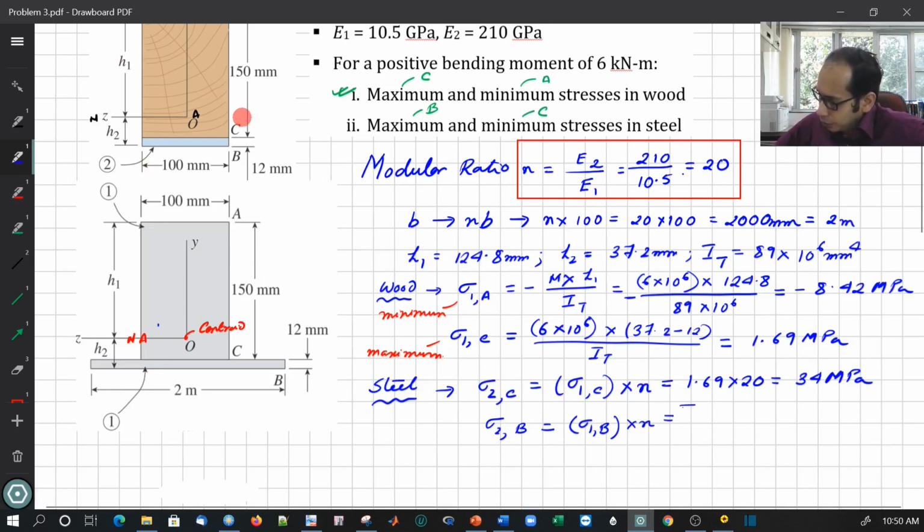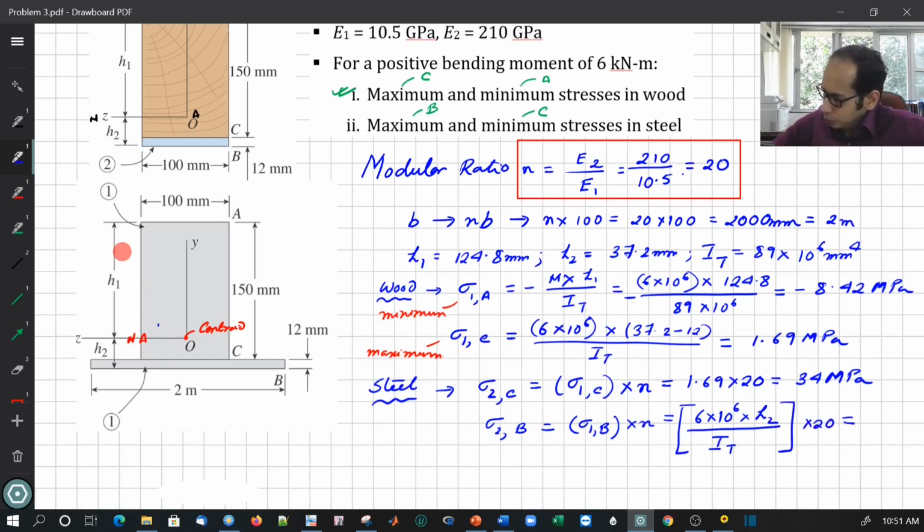So it is going to be 6 into 10 raised to 6 times the whole height h2 now. So that is 37.2, so I'm just simply going to write h2. You can substitute and calculate, divided by the I of the transformed section, times 20. Don't forget that. So that comes out to be around 50.2 MPa.